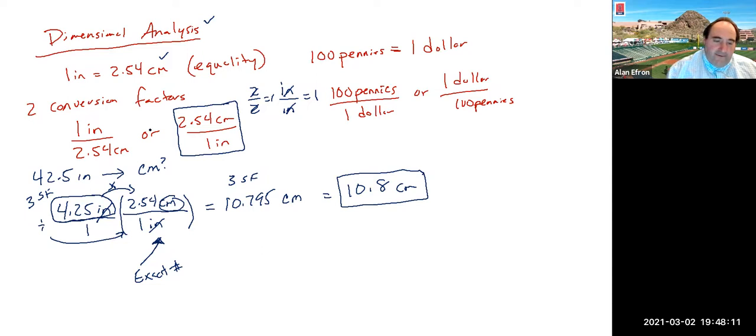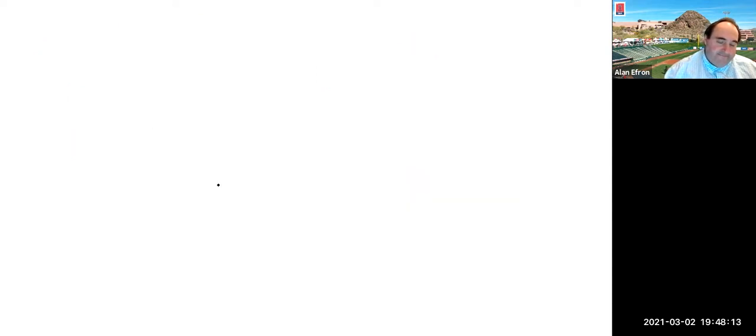Now, what happens, for example, if I had 32.5 inches cubed, and I wanted to convert that into centimeters cubed? A conversion like this is also very commonly screwed up.